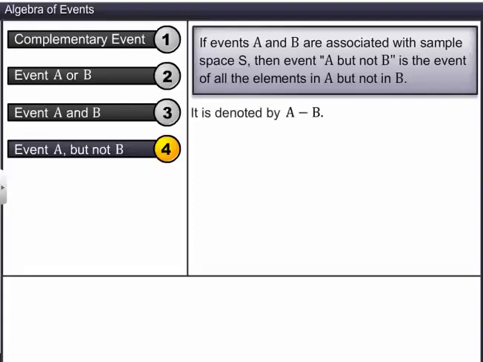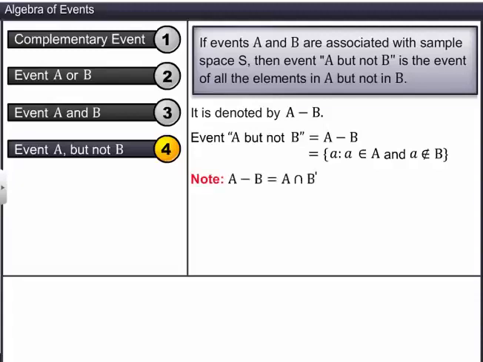Please remember that event A but not B is equal to the event A and B complement. Let's consider an experiment of throwing 2 dice simultaneously. Consider events A and B associated with the experiment. The outcomes of events A and B are obtained as shown. Now, event A but not B is the elements of A that are not present in B.